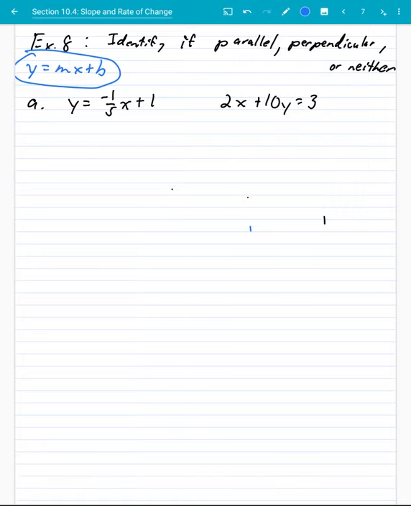This one right here is already done. y equals negative 1/5 x plus 1. It's already in y equals mx plus b form. The other one, however, is not. We have to get the y by itself. So let's subtract 2x on both sides. Those cancel out. We're left with 10y equals negative 2x plus 3.